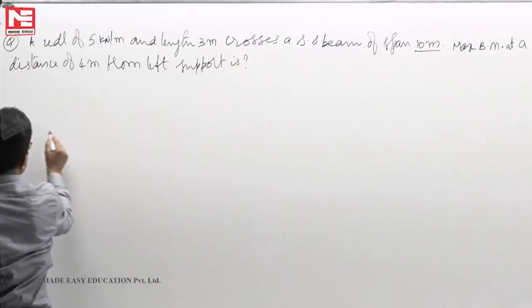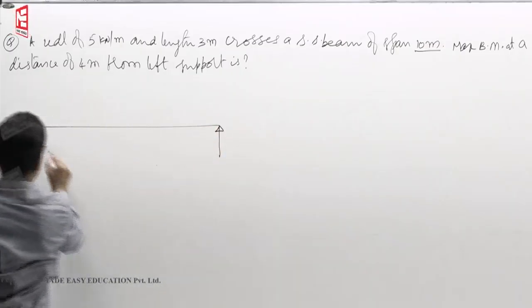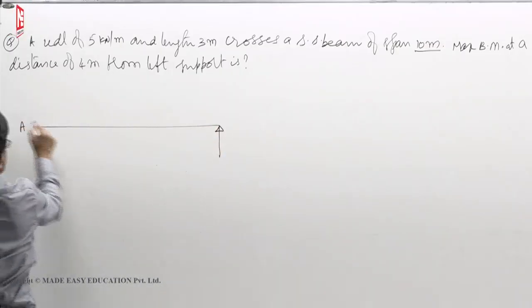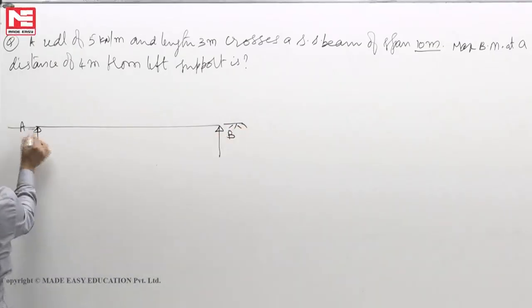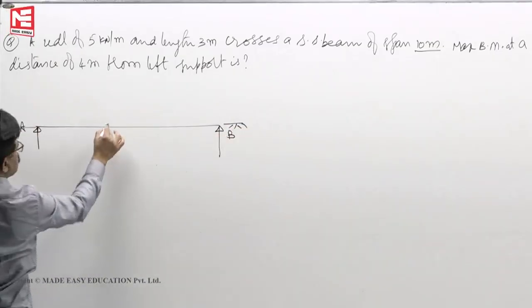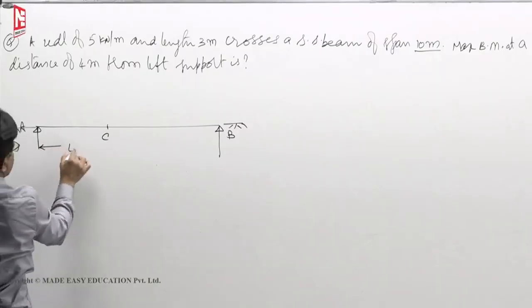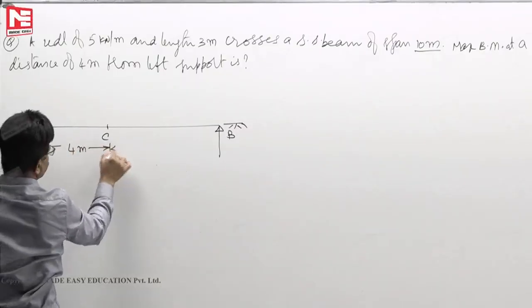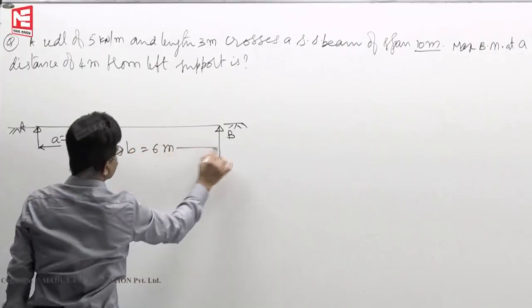Now you see, if a question of this type is given, let us say this point is AB, and assume that there is a ground, the load is moving like this, and this point is C. At a distance of 4 meters from left support means your A becomes 4 meters, now B becomes 6 meters.